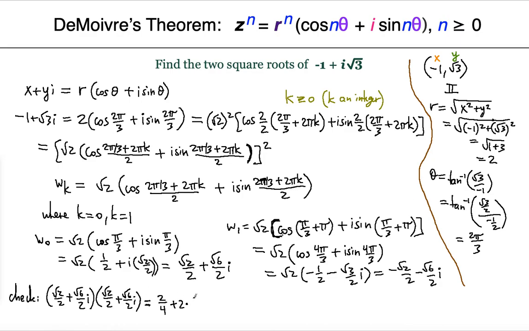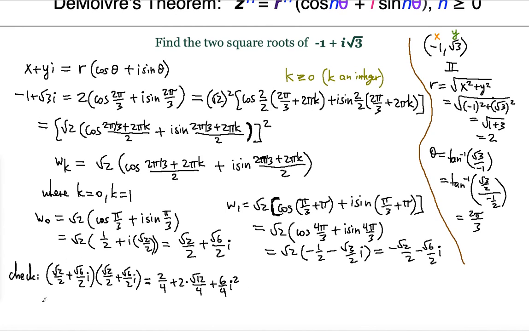So that will be radical 6 times 2, so radical 12 over 4. And then the final product is radical 6 times radical 6, so that's just 6 over 4i squared. Okay? And what this is equal to is, this thing is negative 1, i squared, so it's minus 6 over 4. 2 over 4 minus 6 over 4 is minus 4 over 4.